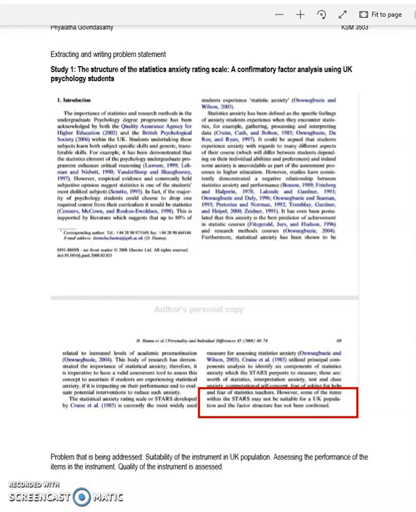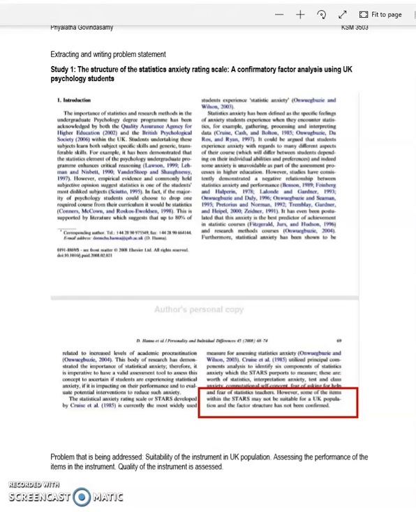There are a lot of studies about students' anxiety towards statistics, so as a result, there are a lot of papers on this topic. What I am interested in is to examine the quality of the instrument, which is called the statistical anxiety rating scale.